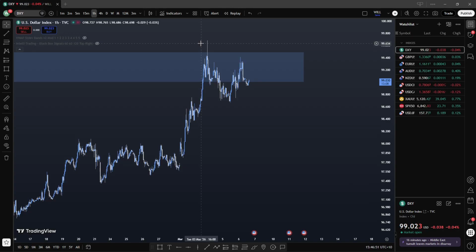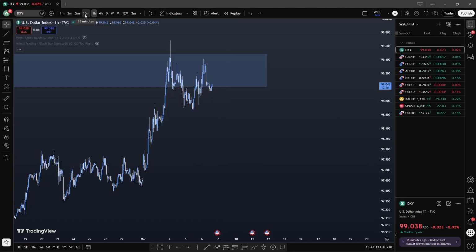Higher timeframes are bearish, lower timeframes are bearish. Even though we've got some short-term strength now, we are holding that resistance at the top here, and we're struggling to push higher. Therefore, sellers are in more demand at this point in time.